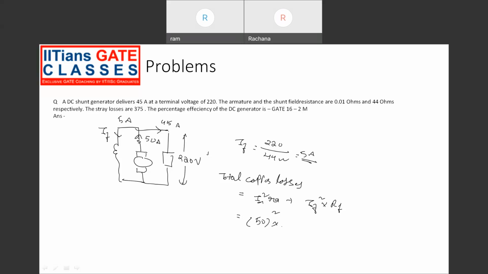The armature resistance is 0.01, plus the field current is 5 amps, 5 square into the field resistance of 44 ohms. Around 1125. These are the variable losses. They have given us the stray losses as 375 watts. This is a constant loss.